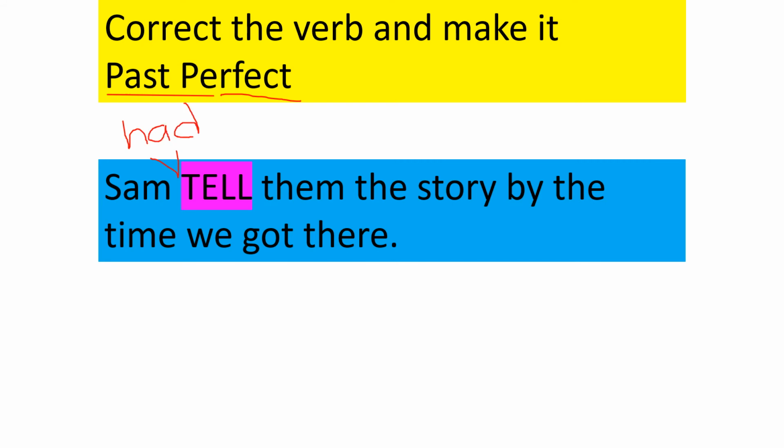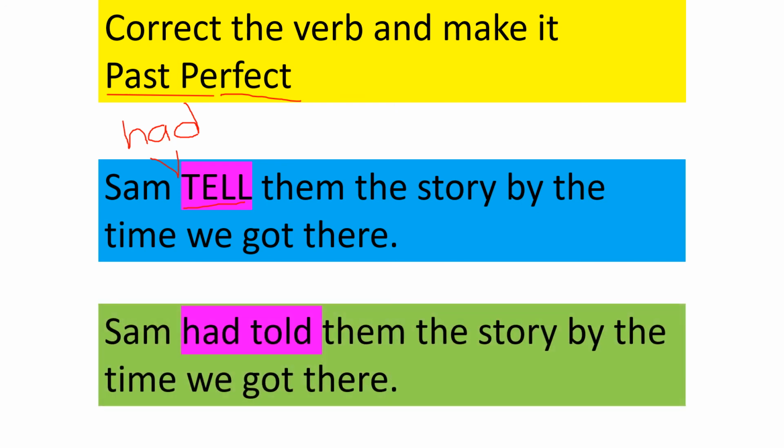It must be had. Okay, for past perfect, it is always had. It can be had, it can be hadn't, it can be had not, right? But it has to be the word had. So when you put it in there, this is going to sound wrong. Sam had tell, right? Now, this one's easy because this verb's not going to change. So then you see, okay, had tell, it's going to change too. Had told. So get your auxiliary verb first, right? Do this part first, and then the rest will fall into place.